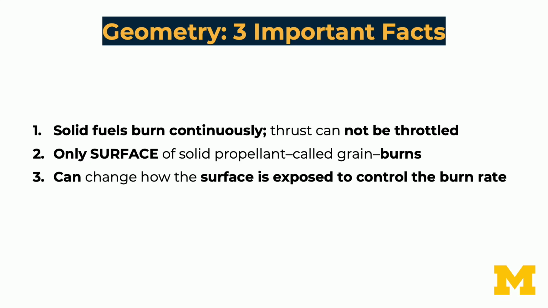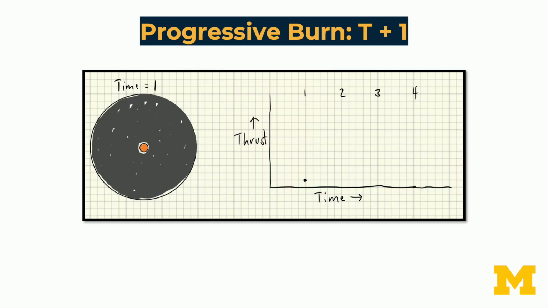So if you can change how much surface is exposed, then you can control the burn rate. If there's only a tiny amount of surface showing, then you'll only get a tiny amount of burn. But if there's a huge amount of surface showing, you'll get a very large amount that is burned. You can control the thrust profile over time by controlling how the thing is burned.